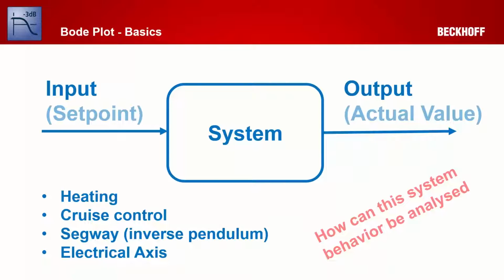You have a command to this system, and you want to have a reaction. The best way, the reaction is exactly as the provided command. For your heating, it takes time, but it is nice when the heating is exactly reaching, for example, 22 degrees in the room and not more, not 25 and then 20, and then it takes time to get 22. So the system should react as the command says.